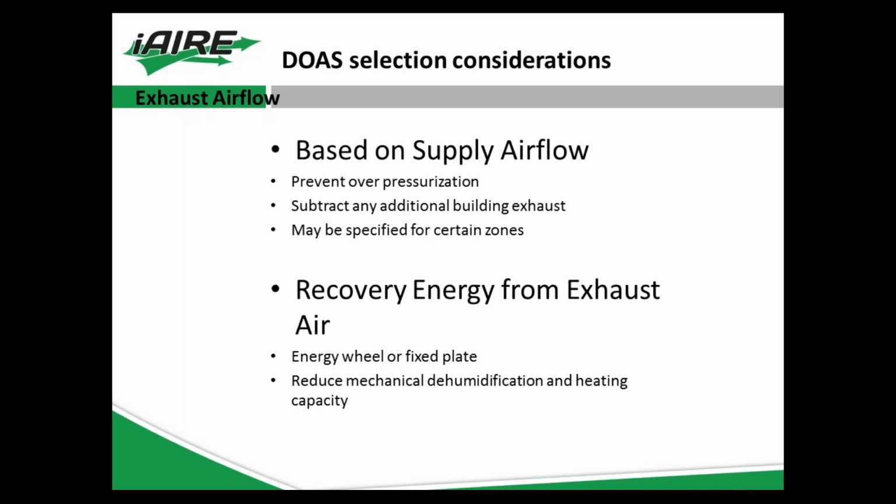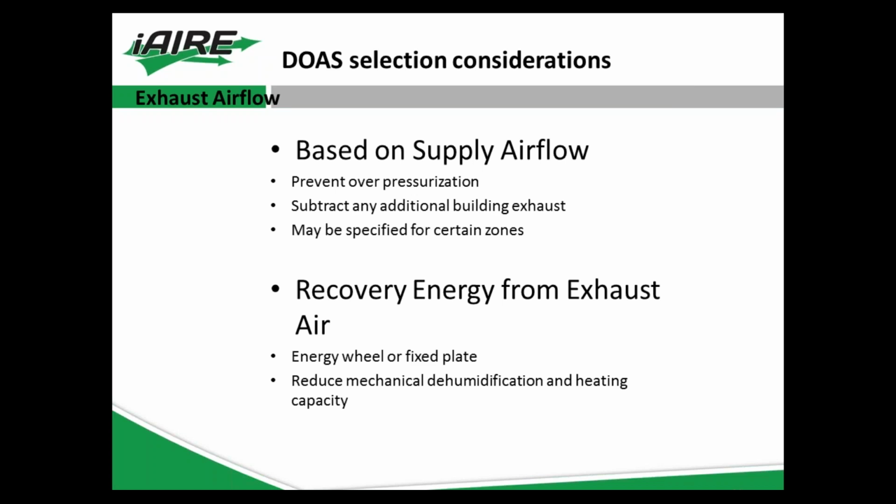The exhaust airflow, not a whole lot here, but it's going to be obviously based on what your supply airflow was, whether you want to pressurize that building in a positive nature. If it'll be negatively pressurized for any reason, you're going to have to subtract any additional building exhaust.